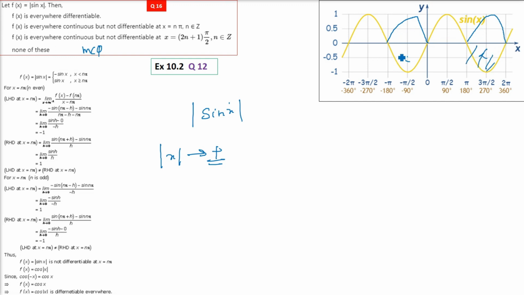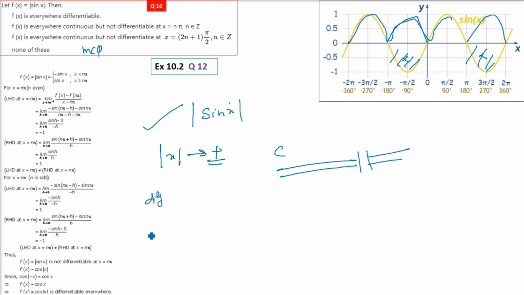This will be eliminated. So when you check the continuity, you know that there is no breakage. If you can draw something without lifting your hand from the paper with the pen, it is continuous. So modulus sin x is already continuous, which you see here.